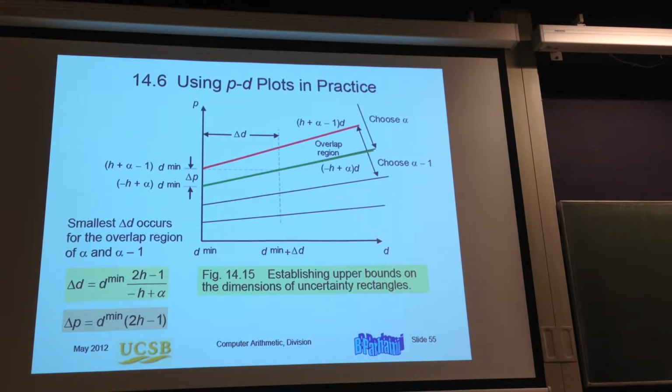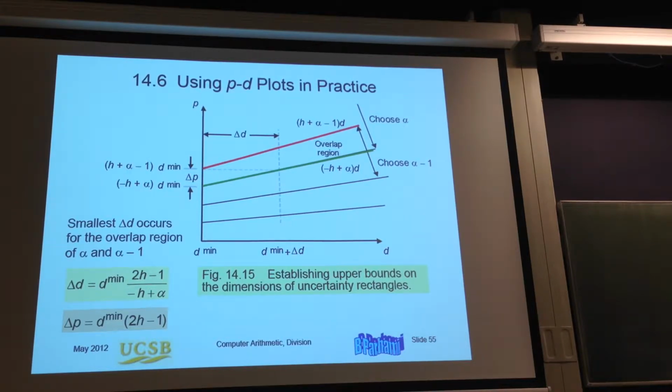Now, the question is, how many bits do I need? I need a kind of estimation. Then when I draw the PD plot, I need to know how many bits should I inspect from P and how many bits should I inspect from B. This will be determined by some coordinates in my space.